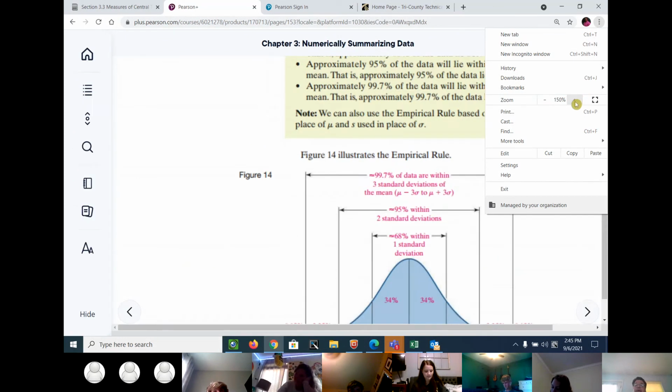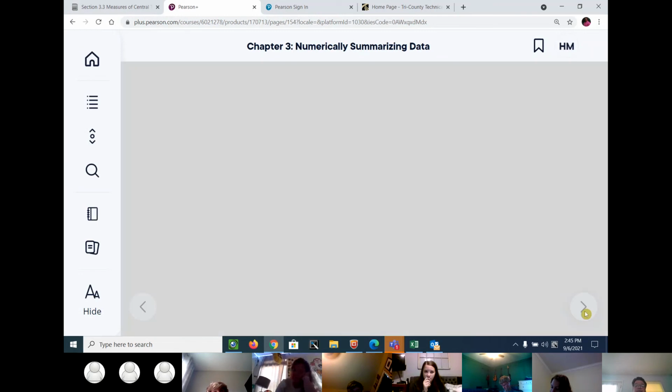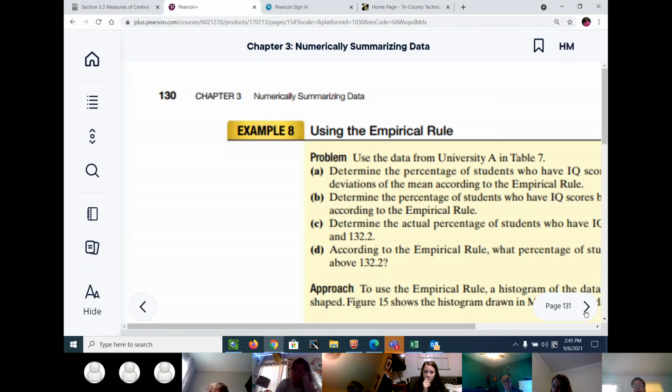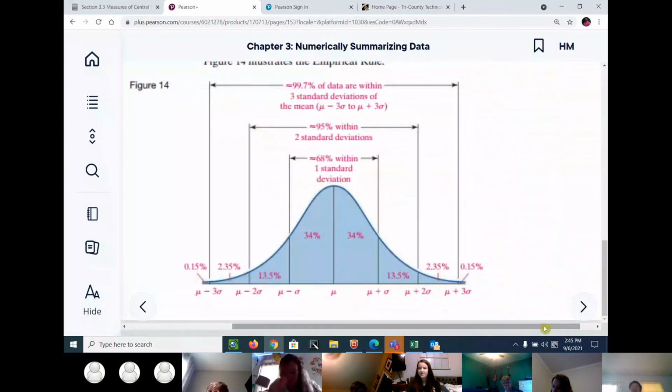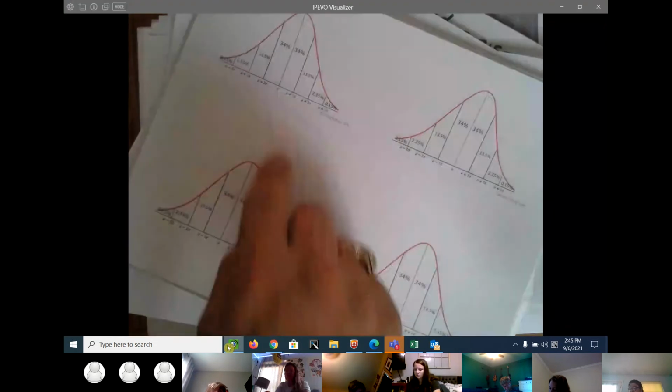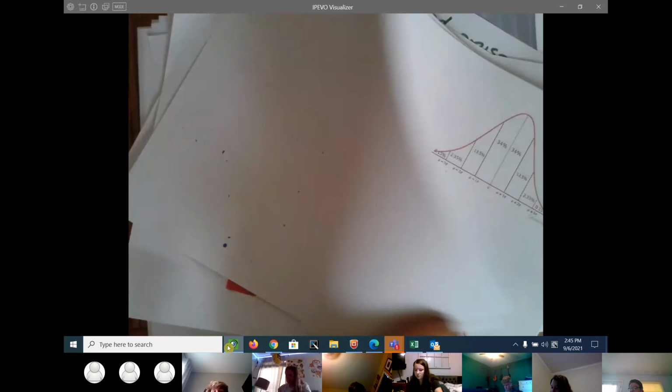Now you can go to the internet and pull up the empirical rule. This is not only going to follow you throughout the semester, this is also several test questions. So I would, if I was you, I would find a nice one on the internet, like I have right here, and I would make copies of them because you're going to be drawing them left and right.